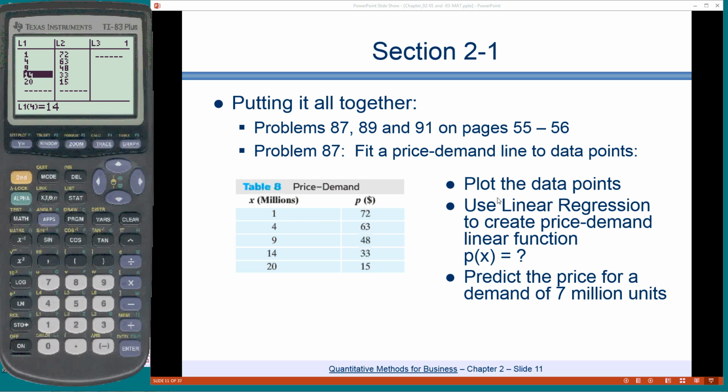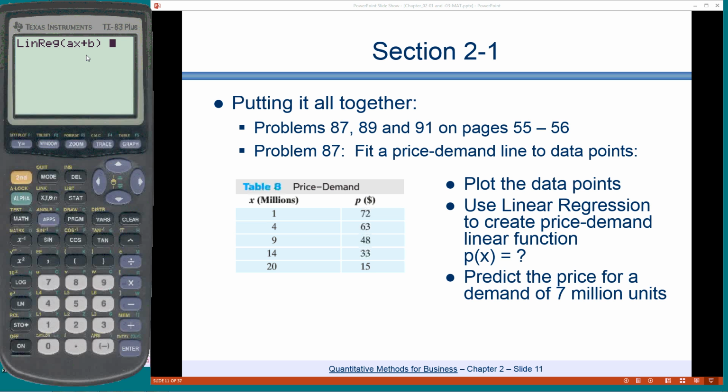So now I want to do a linear regression using these values for X and these values for Y. To do a linear regression on your calculator, you click Stat. Linear regression is on the Calc menu, so you right arrow once, and you want option 4, so you down arrow to option 4 and hit enter. And it puts LinReg(ax+b), which is the linear regression function on your calculator.